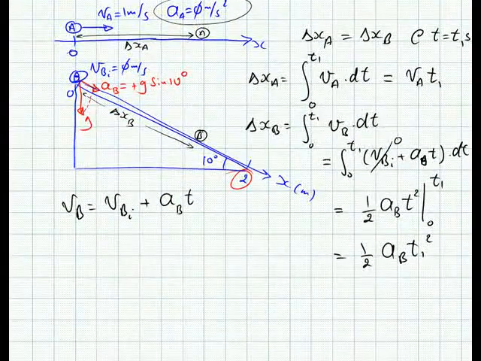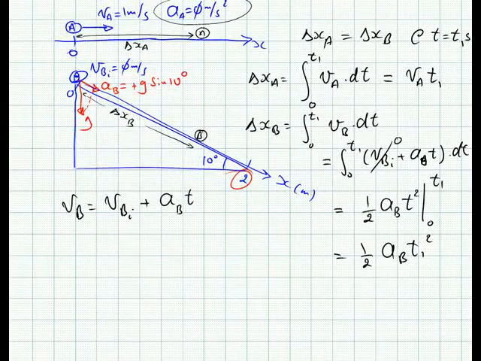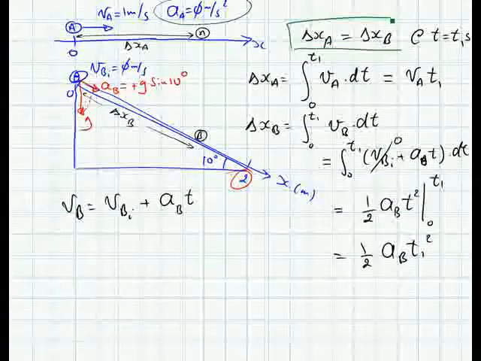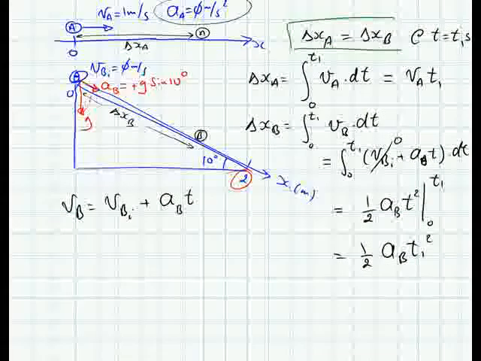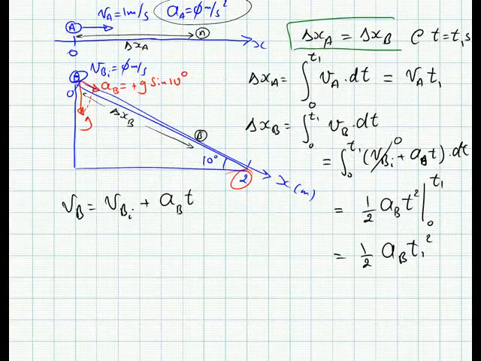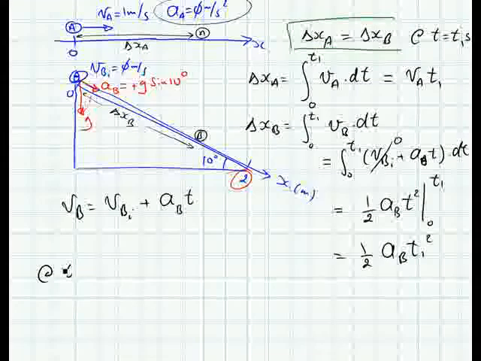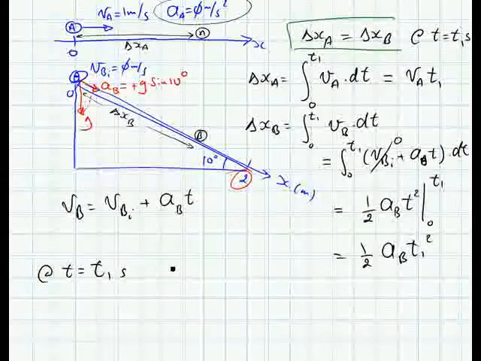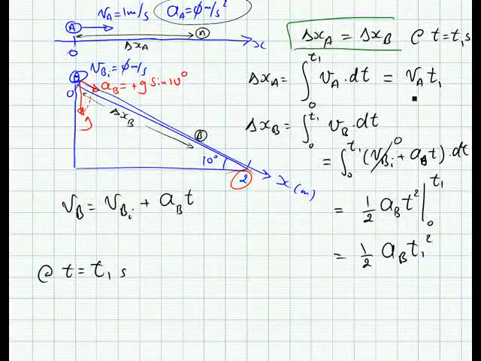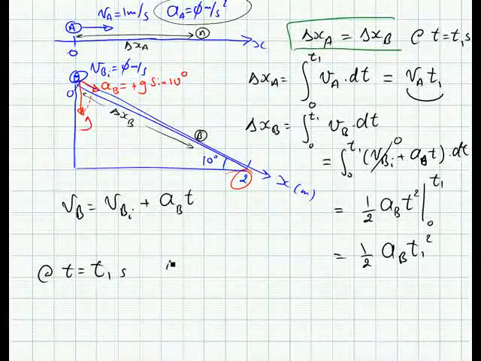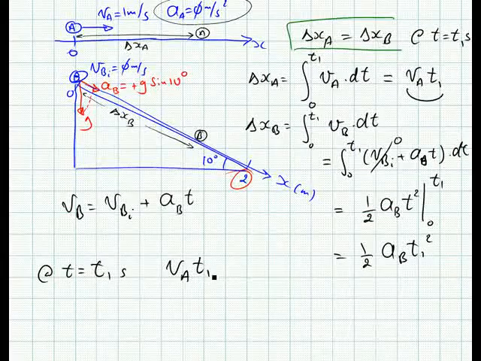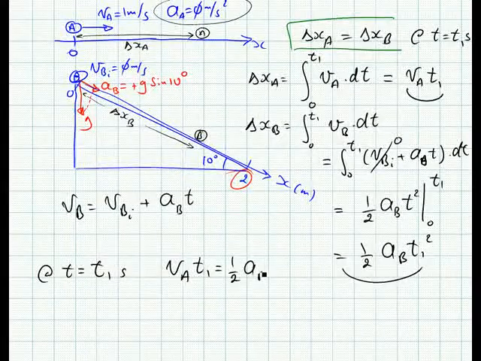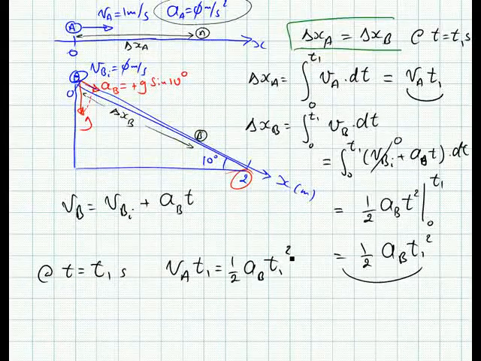Okay, so if you now go back and look at the condition that we set, when the two displacements are equal at t equals t1 seconds, we have the displacement for ball A, which is VA T1, equal to the displacement for ball B, which is 1/2 of AB T1 squared.